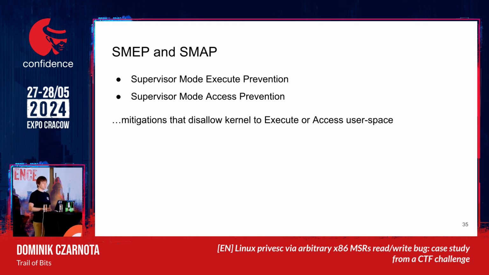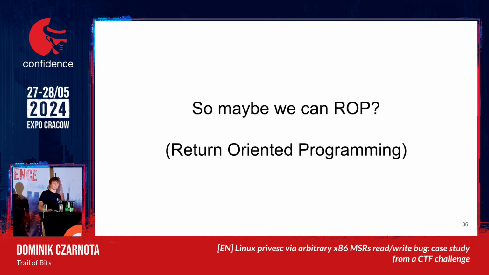Well, because we want to prevent exploits like this one from having an easy way to execute code in the kernel. And sometimes the kernel needs to access user space memory when it wants to copy some data from user space. And in those cases, the kernel is actually disabling the access prevention and then copying the memory and then enabling it back. But well, this is not this case.